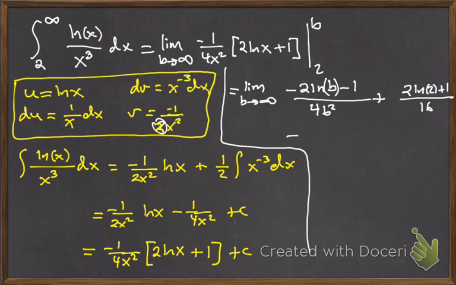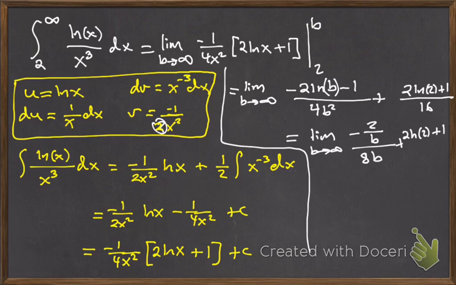Now the form that we've got going on here is negative infinity over infinity for this limit, so we're going to use L'Hopital's rule. So we're going to take the derivative of the top and the bottom and see what we've got going on there. So the limit as b goes to infinity, negative 2 over b, and then 8b on the bottom.